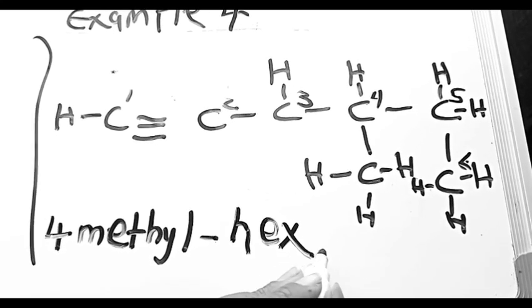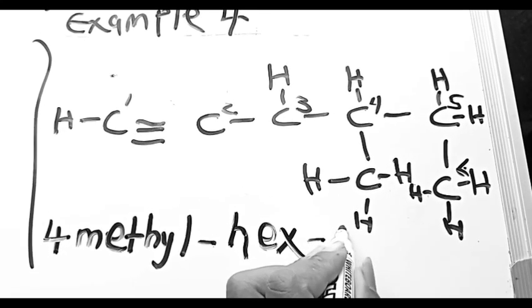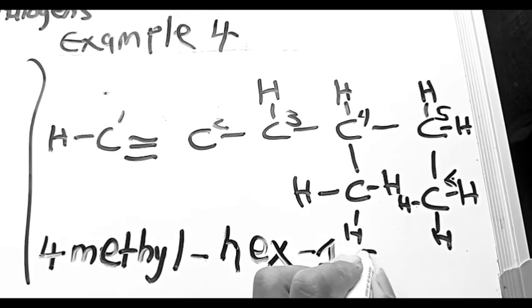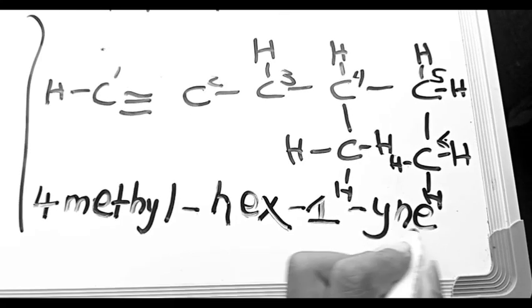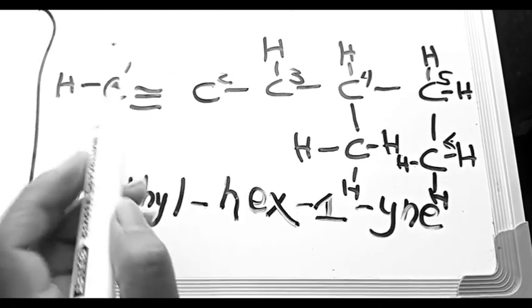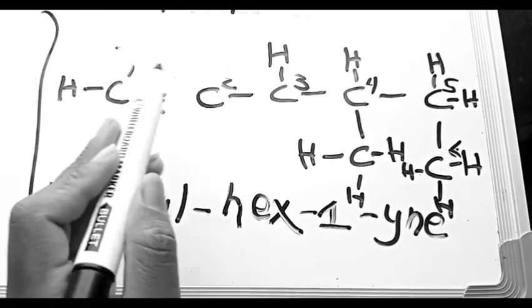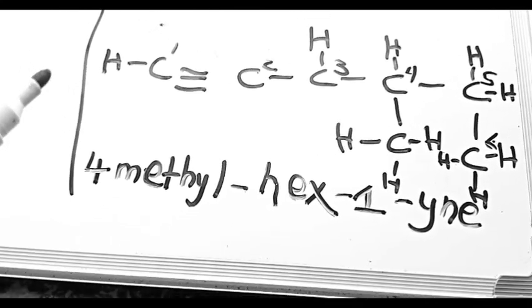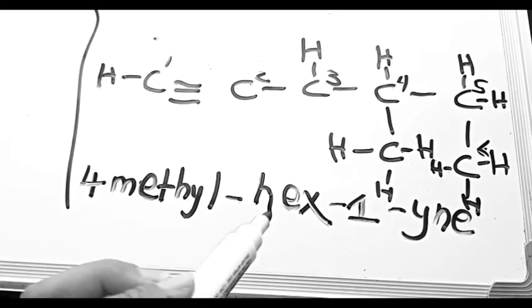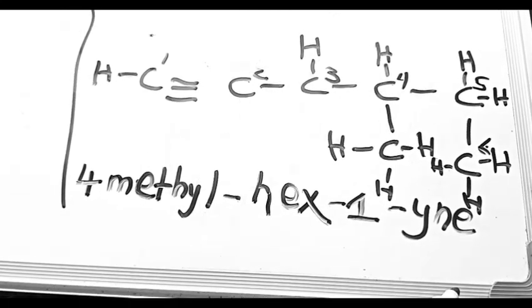Yes. 1 ene represents the end name because we can see that it's a double bond, right? So the name of the structural formula is 4-methyl hex-1-ene.